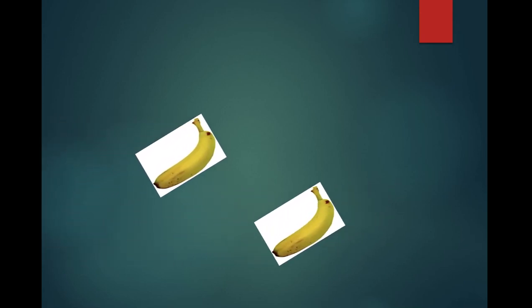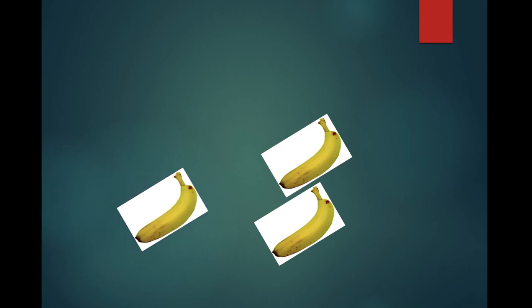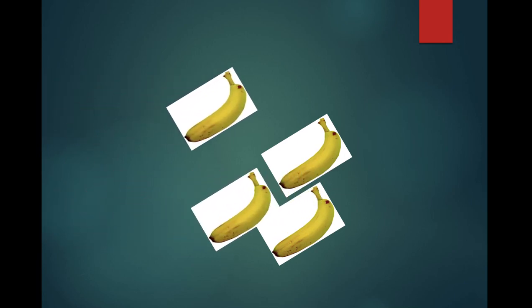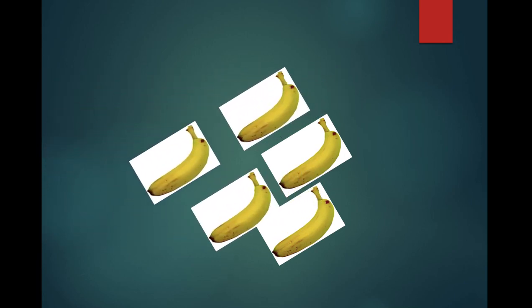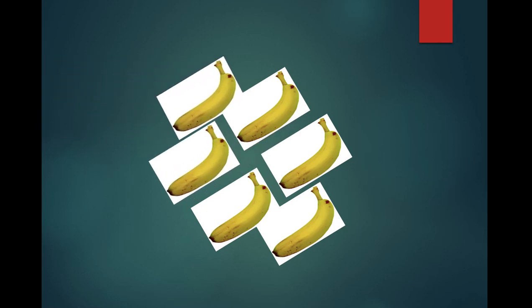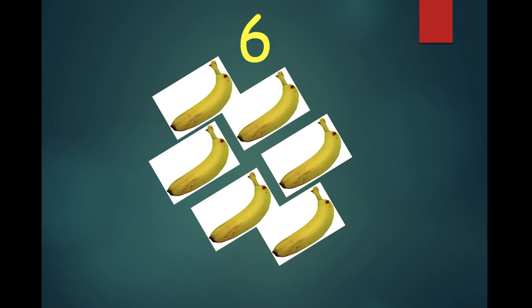Let's move to another example. I have a few bananas. Count with me as I move on the picture. How many bananas are there totally? Well done, there are 6. Now let's try to divide these bananas into equal half.